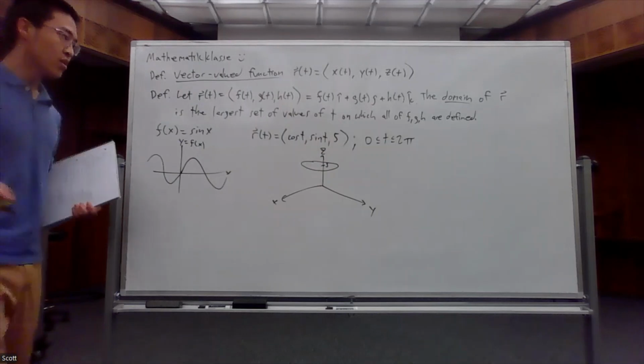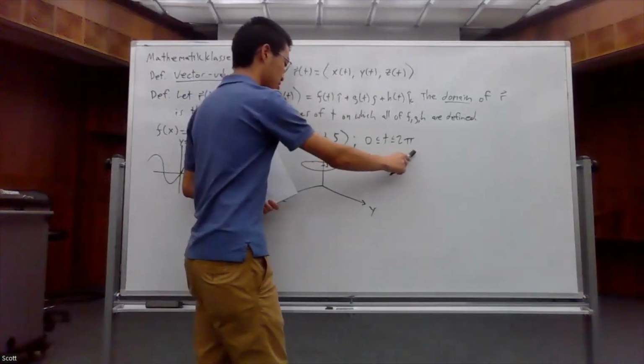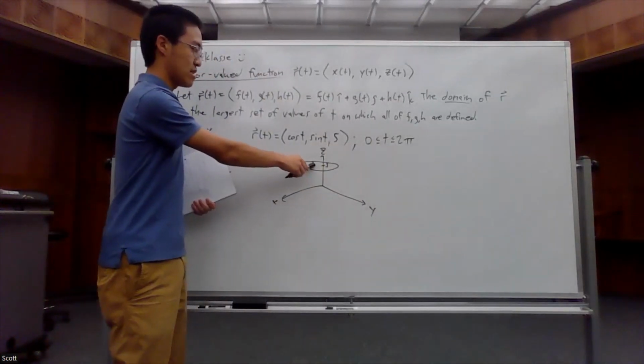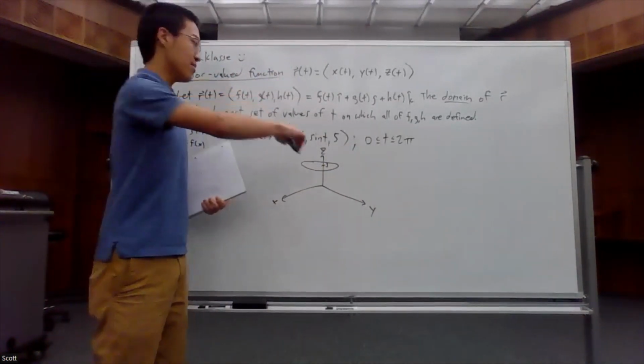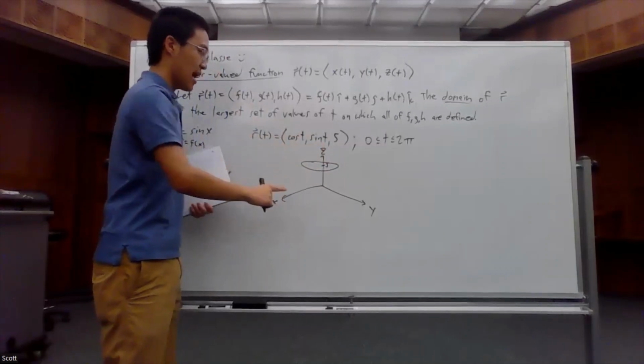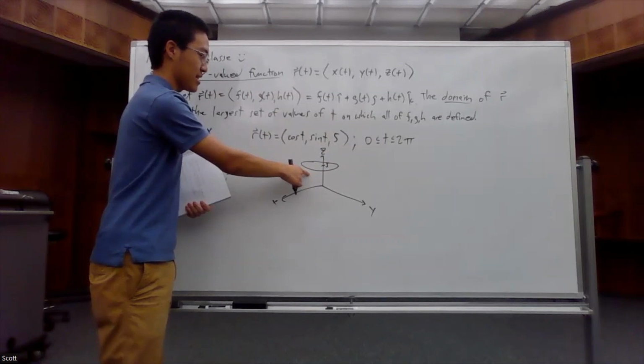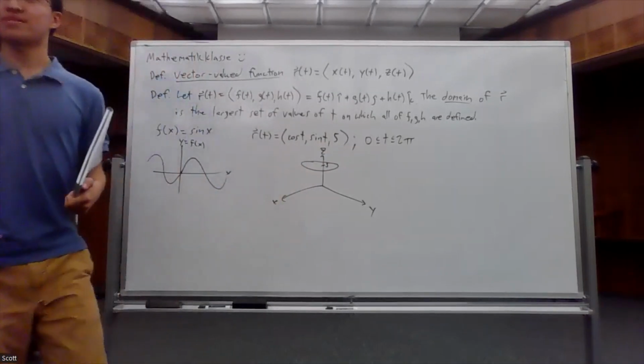Oh, good question. As t would increase from 0 to 2 pi, that's exactly what would be happening. And so this would actually become not flat anymore, but the height is going to increase as time continues. So this would start to emulate something more like a spiral, a slinky or something.